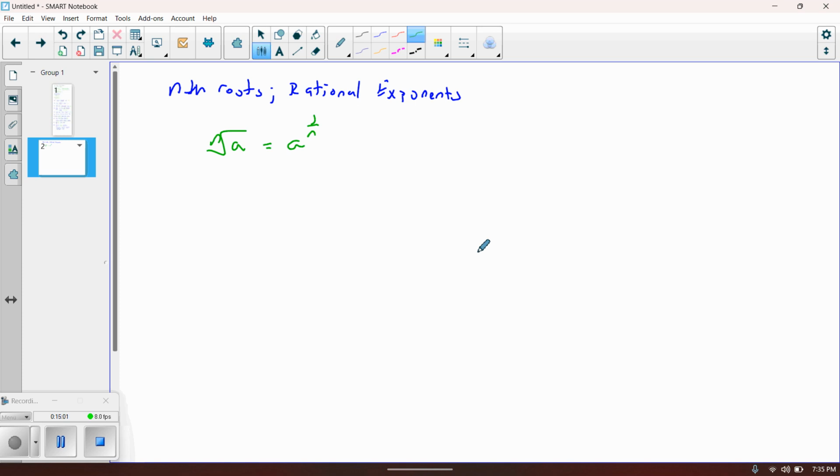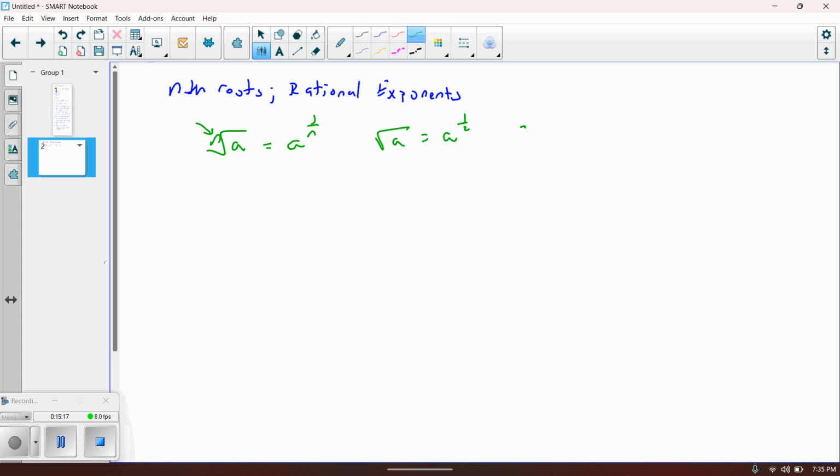So, for example, if you have the square root of a, and we don't usually put the 2 in the index, this piece right here is called the index, then that would be the same thing as a to the 1 over 2 power, or a to the 1/2 power.